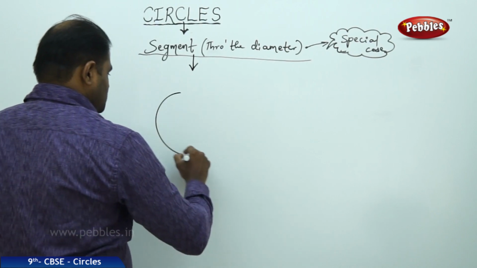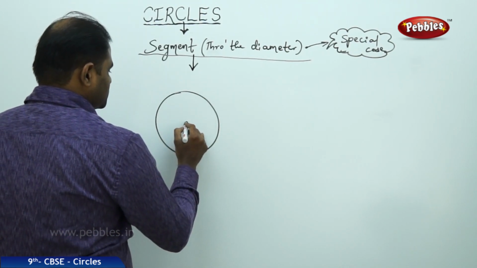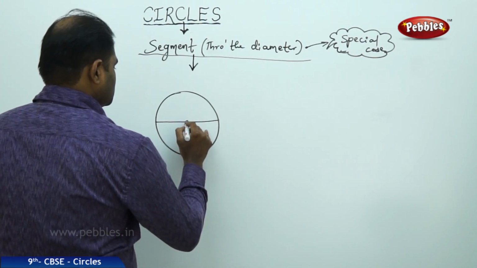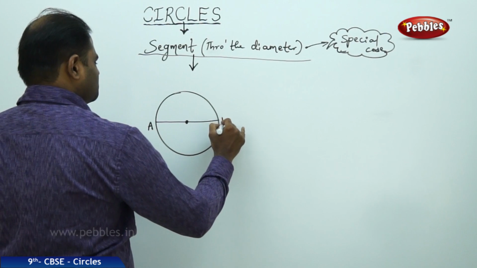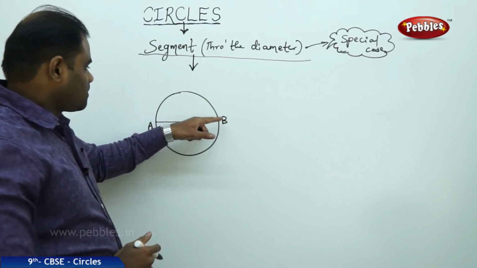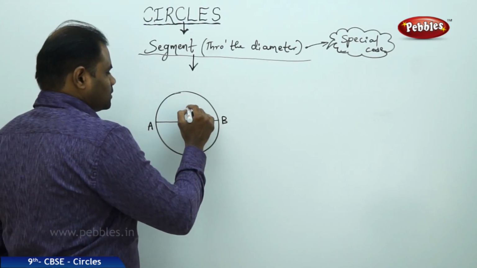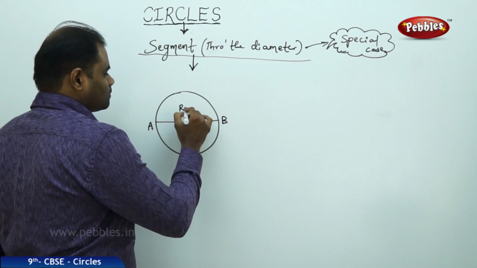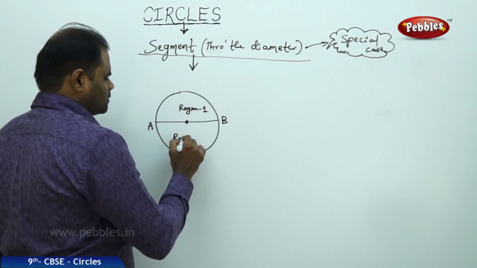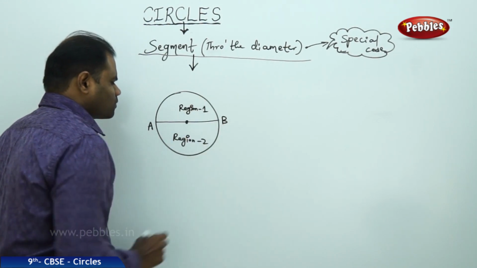So here I have a circle where I have the center out here. Imagine my chord here is the diameter itself. So this diameter also forms two regions out here, region 1 and region 2.